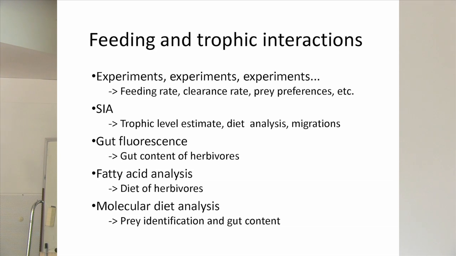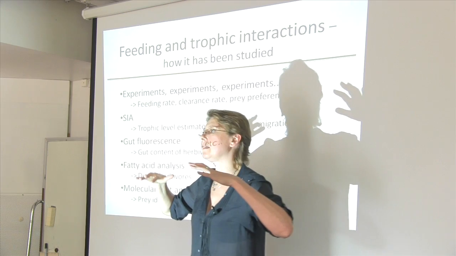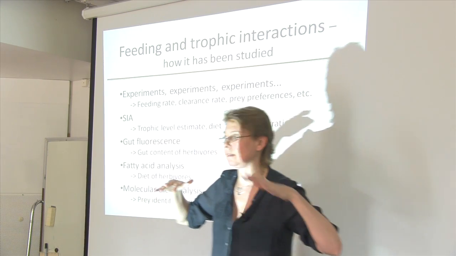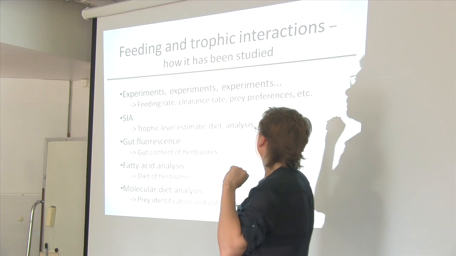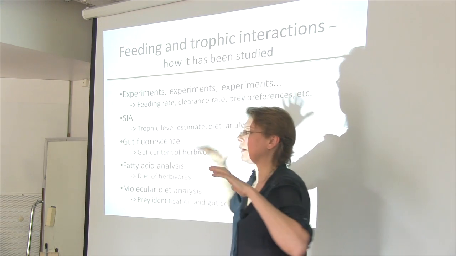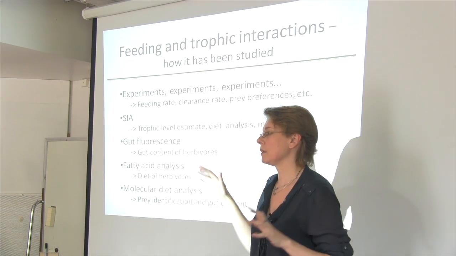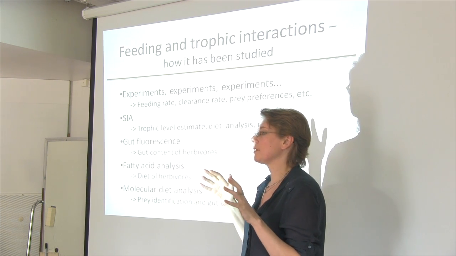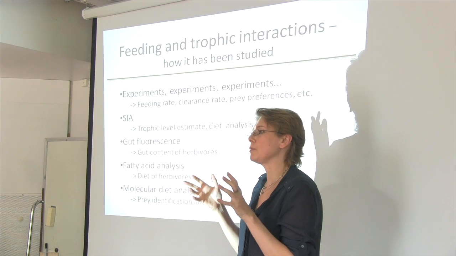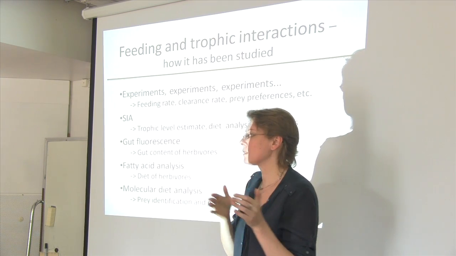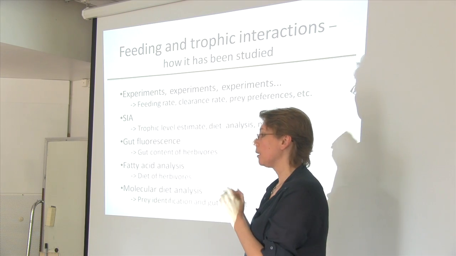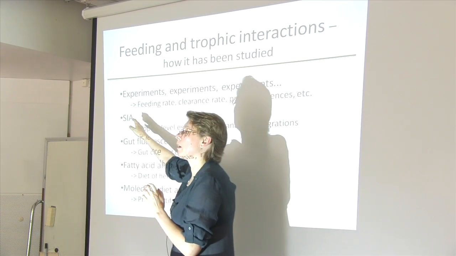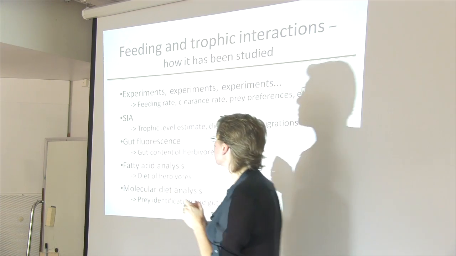Bad because the trophic level estimate does not imply the diet. Migrations can obscure the stable isotope data in terms of the explanatory power to actually infer diets from stable isotope analysis. But again, good in the sense that this is about in situ conditions.